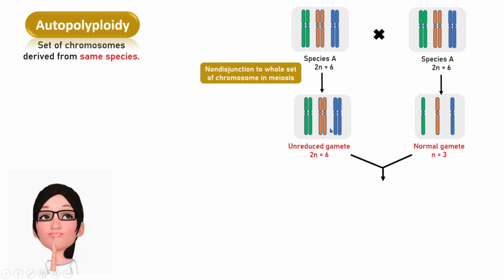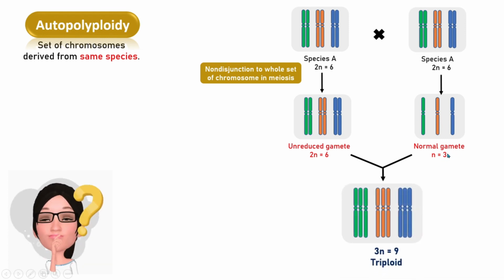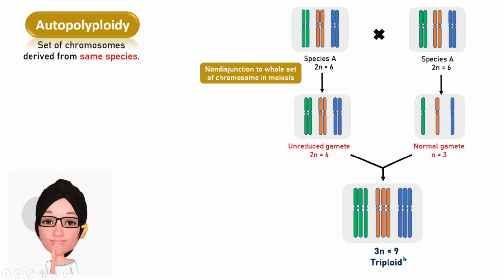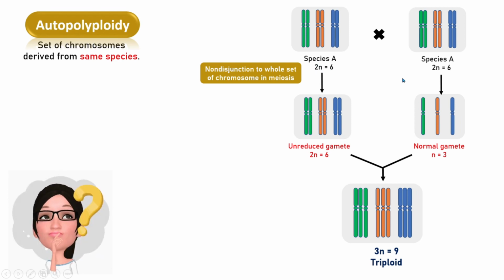When the unreduced gamete with 6 chromosomes is fertilized by a normal gamete with 3 chromosomes, it will produce an individual that is triploid, or 3 sets of chromosomes, 3n containing 9 chromosomes. From 2 sets of chromosomes, now the new organism produced has 3 sets of chromosomes.